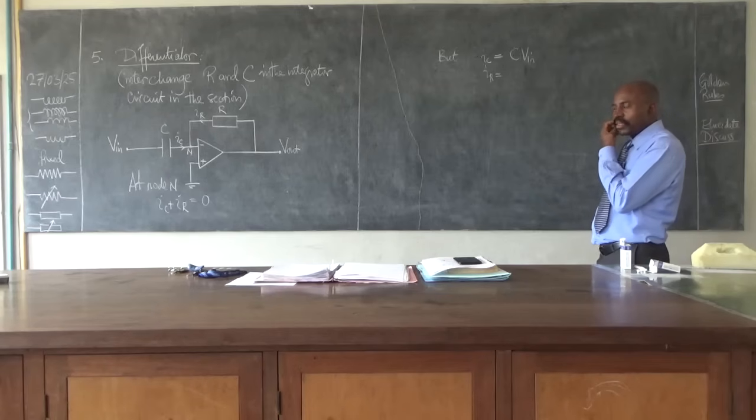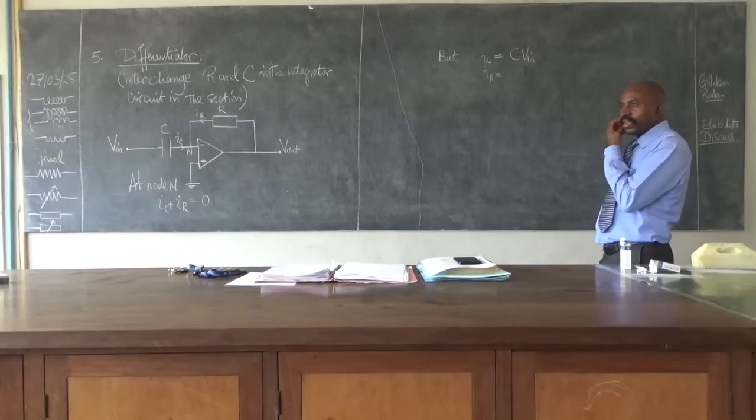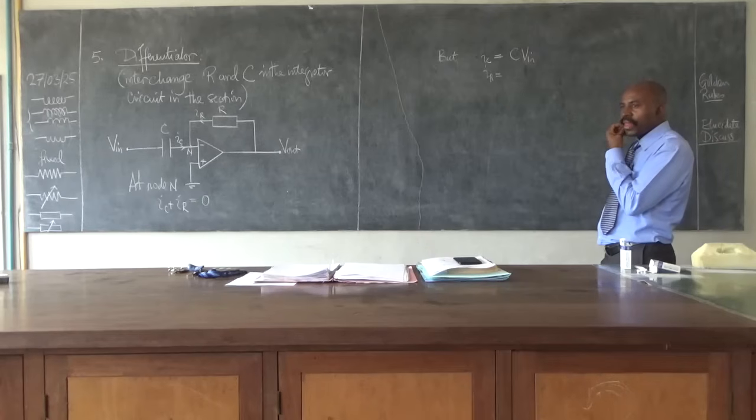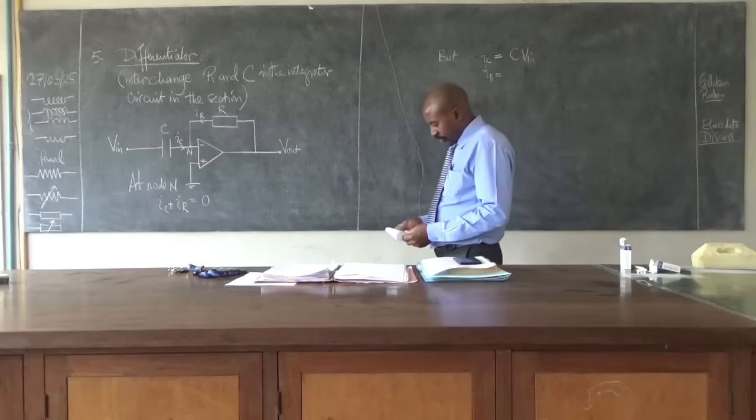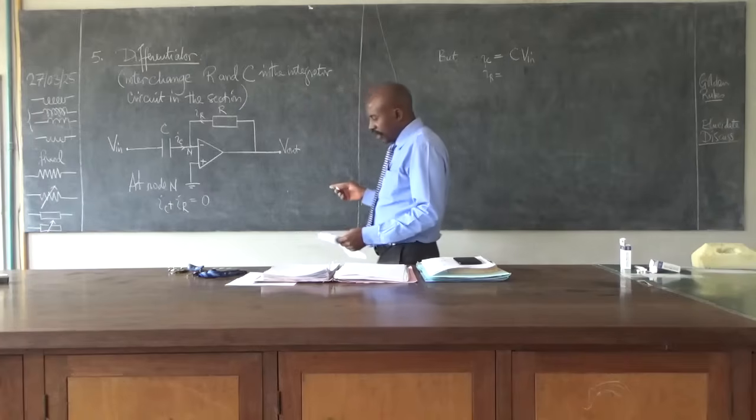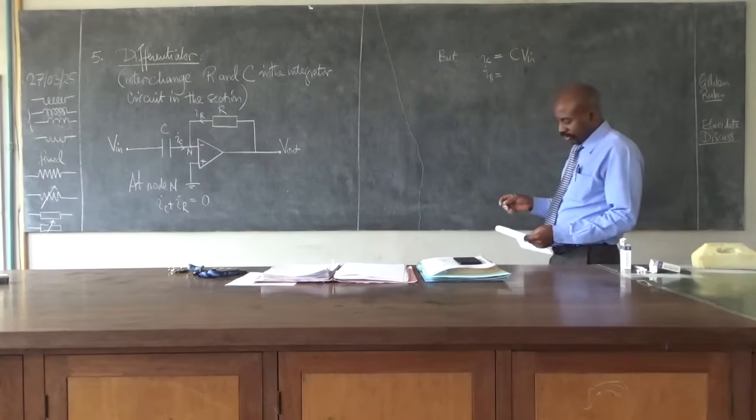So, wait a second. Q is equal to C V. Yeah, fine. And then I is equal to dQ/dt, so I should be an integral of something. It should be dV in dt.